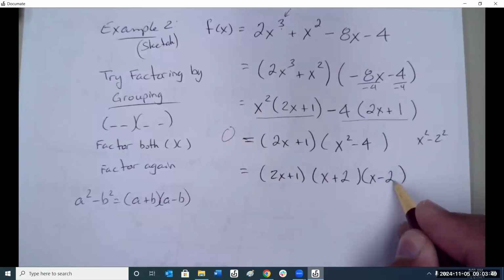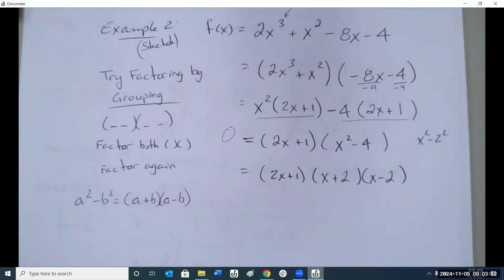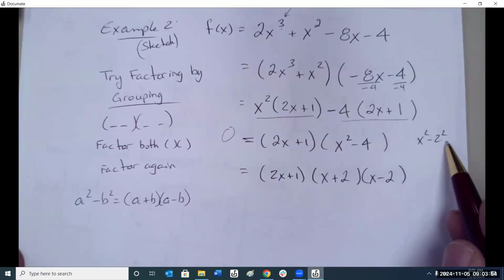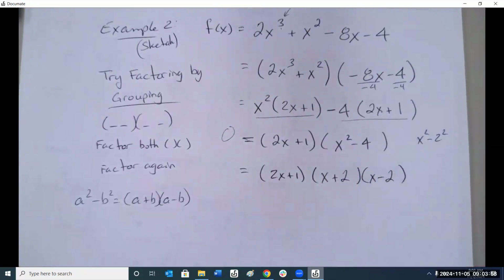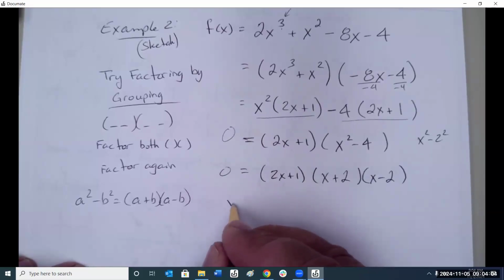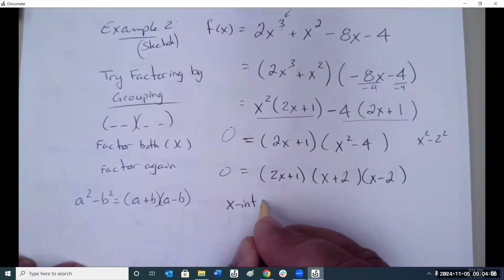Exactly. Because 2 and 2, x and x. Those are our three answers. So our x-intercepts are where?